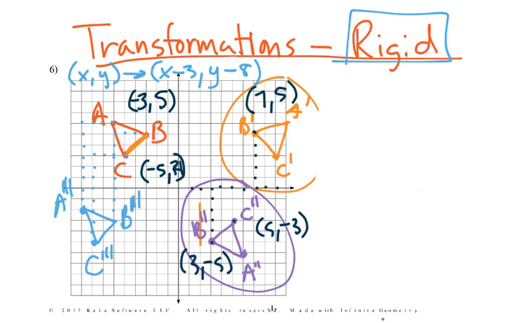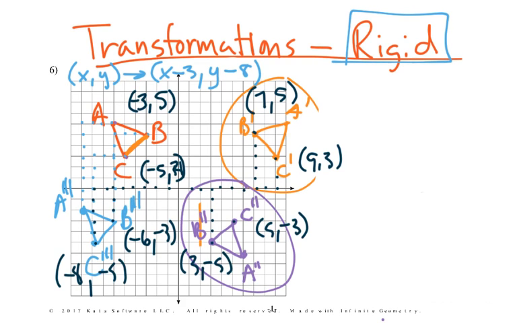C would be 9, 3. Then over here, negative 8, negative 6, and negative 3, negative 5. So if we found the distance of all those four, they should end up being the same. It's just one way, and we could do it for all three and see that they're still going to be the same.